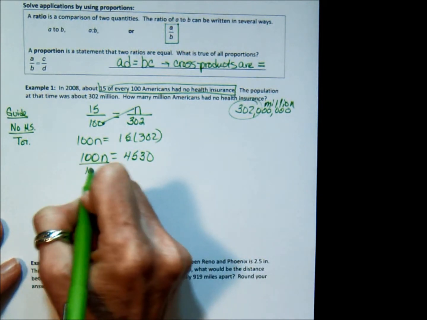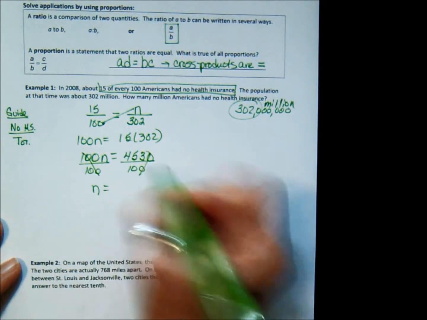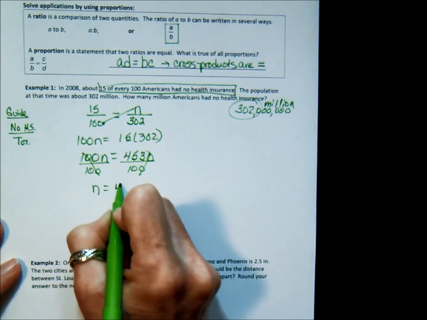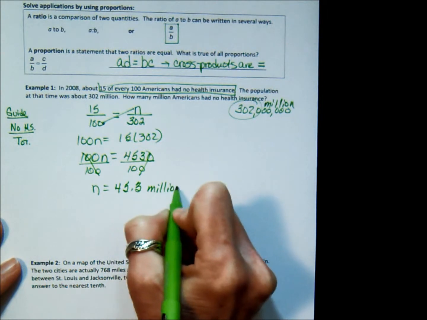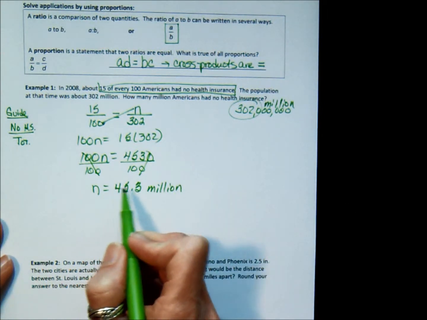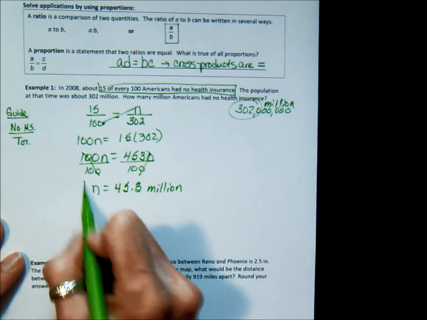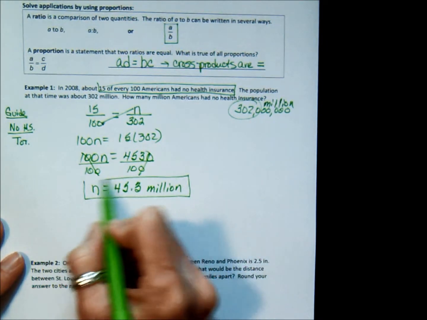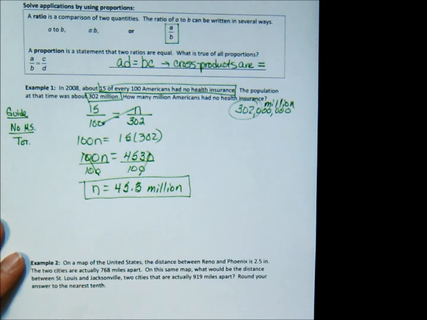Now I'm going to divide by 100. It's 45.3 million. And as far as I'm concerned, it's not necessary to go ahead and write that out with all of the zeros. I'm good with leaving it just like this because it was given to me that way in the problem. So 45.3 million Americans do not have health insurance is what that means.